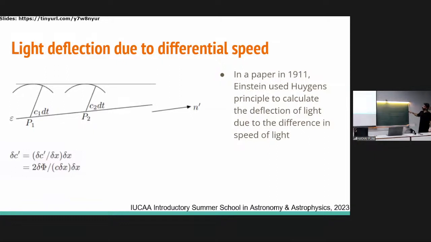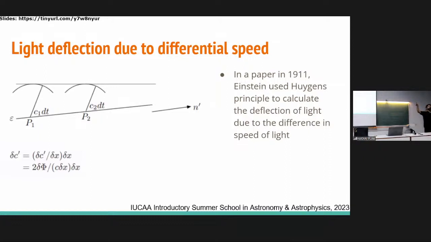So what you do is you take a wavefront, okay? And according to Huygens' principle, each point of this wavefront you can propagate further, say delta t time later, and figure out what the wavefront will look like if it started from here, from here, from here, and so on.